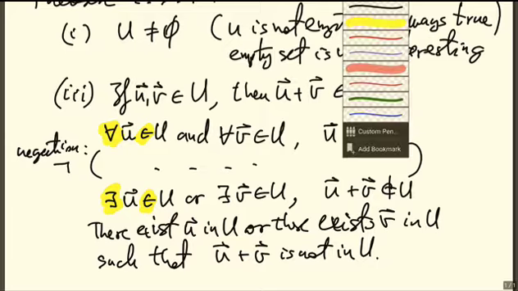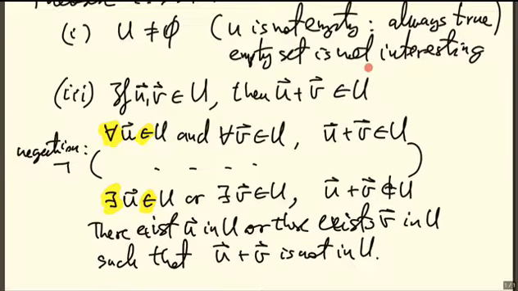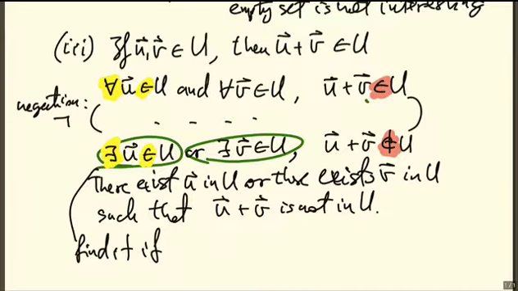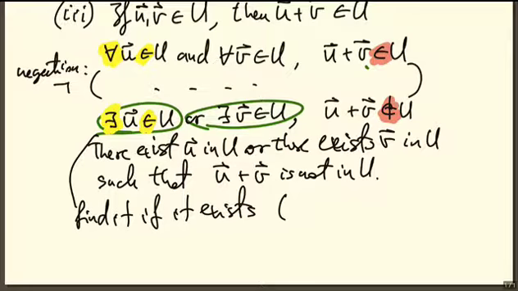Here in the implication at the end, we have that u plus v is in U, and when you negate the whole statement, that turns into not in. And also when we say that there exists something, and you want to show that this is true, you have to find it, if it exists. So you have to find at least one example.